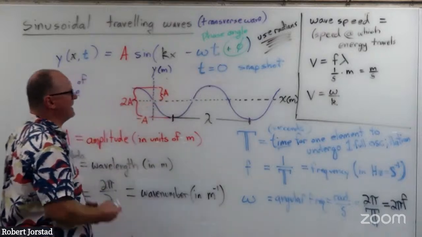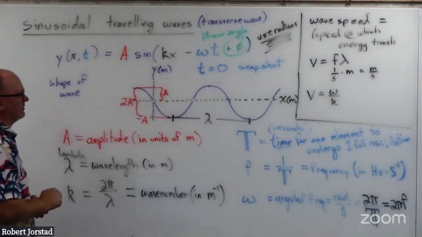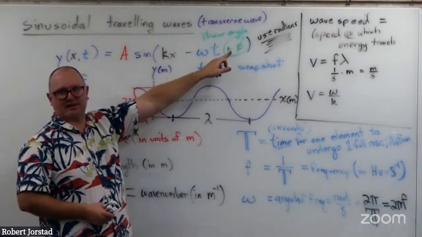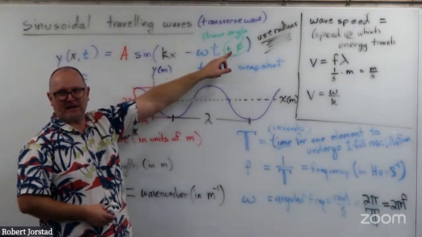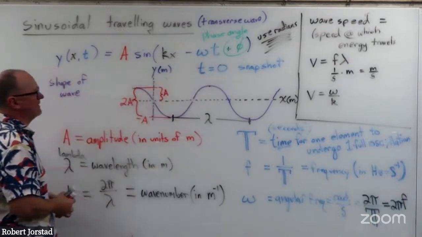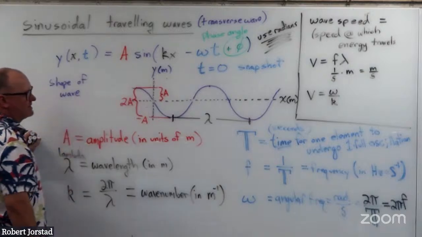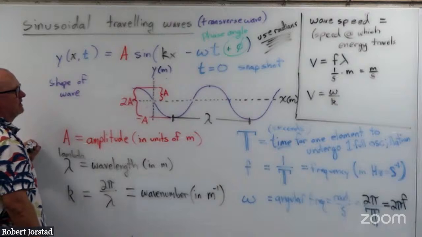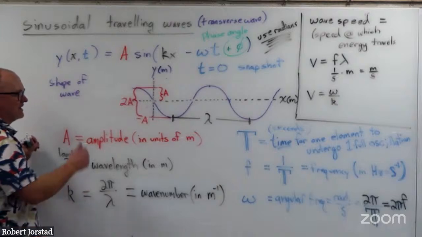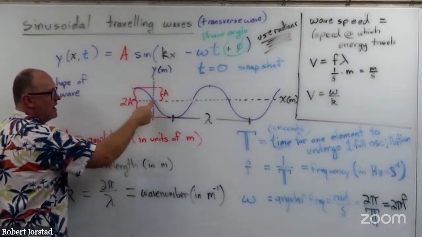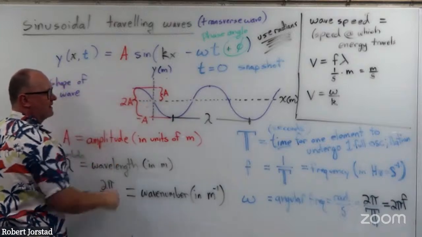One thing that is a little bit tricky here, you might notice that I could use a phase angle of 0, or I could use a phase angle of 180. But those shouldn't give the same results. Only one of these makes sense. It turns out for the phase angle, we usually use the initial position and the initial velocity. At the origin moving upwards would give us a phase angle of 0 here.